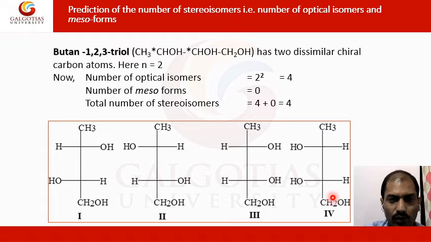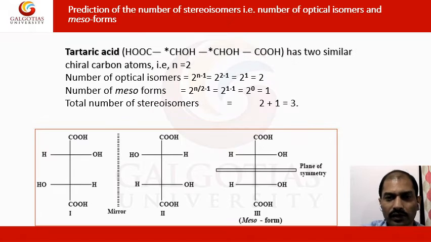So these are different groups, and here you can see two chiral carbons, this carbon and this carbon. So first and foremost, as I said, the requirement is you all need to know how to find out the chiral center.